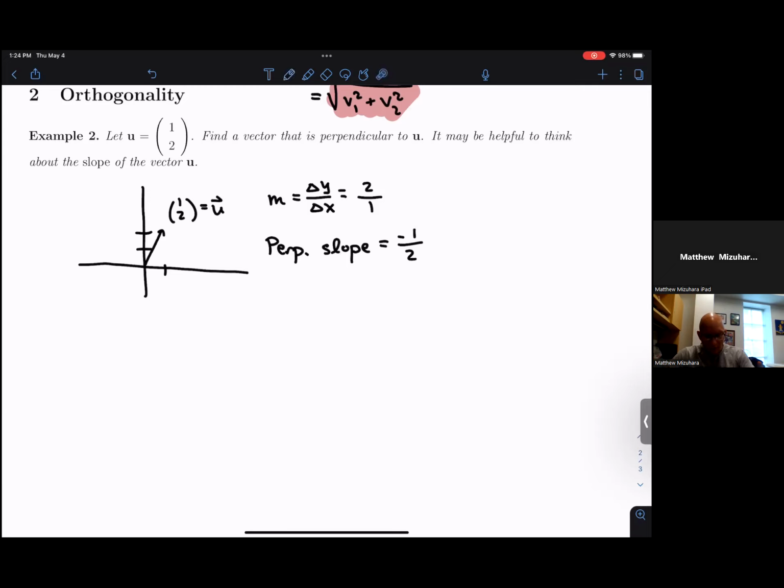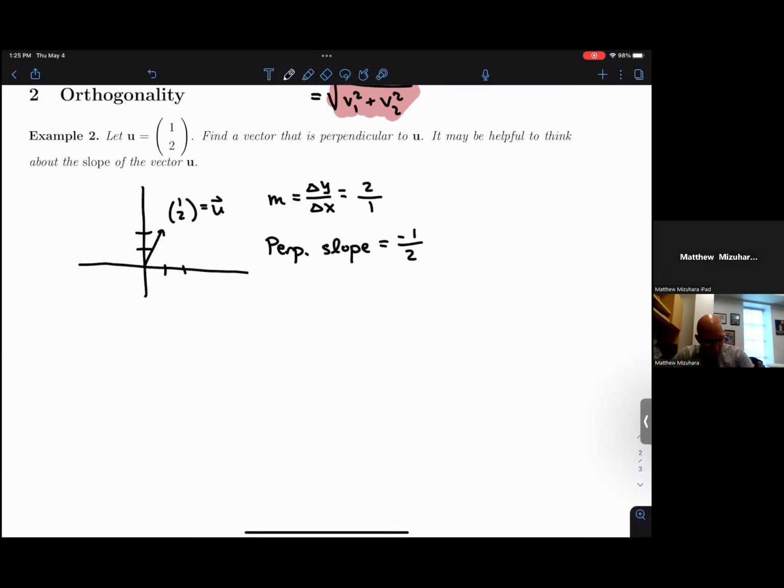And so that gives me the idea of, well, if my original vector was (1, 2), and I look at how that turned into my slope, maybe I could take this new slope and turn that back into a vector, sort of doing the thing we did with (1, 2) in reverse, right? So let's turn this negative 1/2 into a vector. So that should be the vector (2, -1).